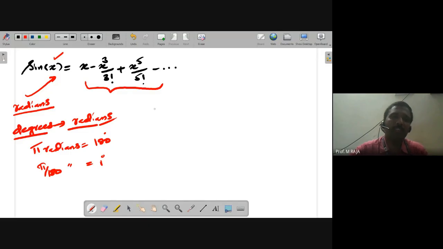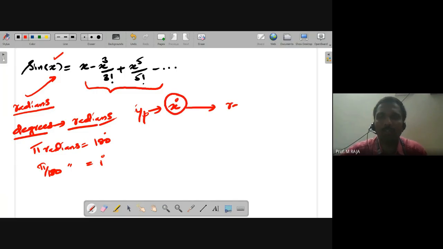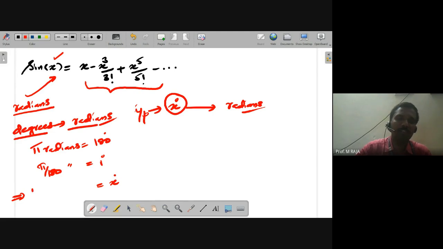Assuming that we are giving the input in terms of x degrees, this x degree should be converted into the equivalent radians. Since 1 degree is equal to pi by 180 radians, multiplying by x on both sides, x degree is equal to pi by 180 into x radians.